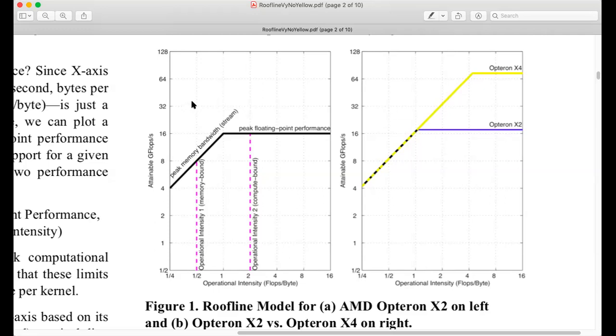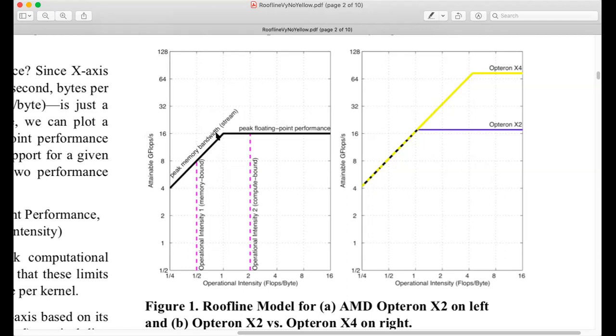If you take an application and look at this particular processor, the peak floating point performance that is possible, the peak attainable gigaflops per second, is 16 gigaflops per second. Okay, this is what you are seeing.